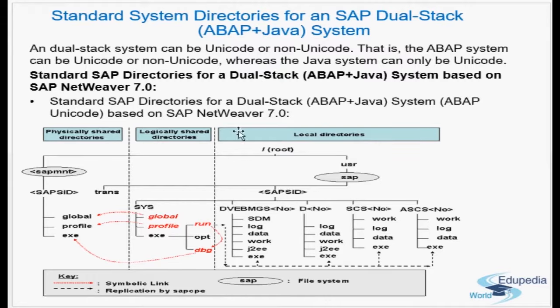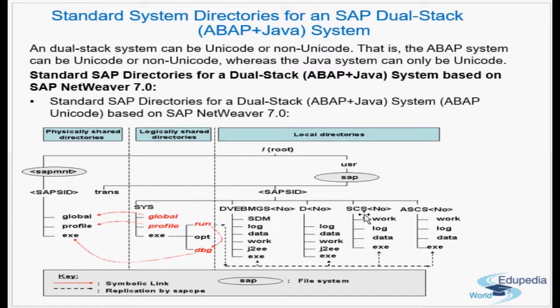Now for 7.0 or lower, the top structures are the same: USR SAP SID, USR SAP trans, SAPMNT SID. This has global, profile, exe. So if it's 7.0 or lower, exe has run, opt, dbg. Because it's a dual stack, we have the central services for the Java stack also, so we have additional directories, SCS and ASCS. Now in each of the instances, because it's a Java stack, there is an additional directory, J2EE.